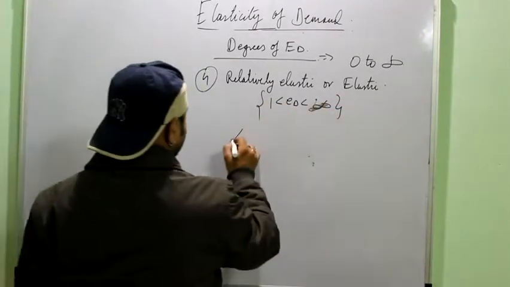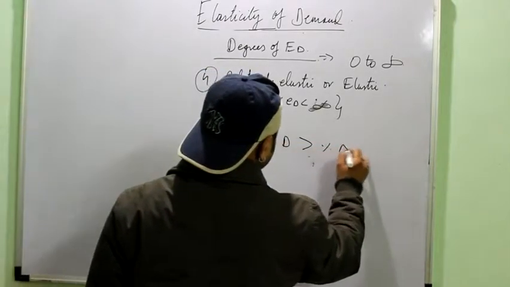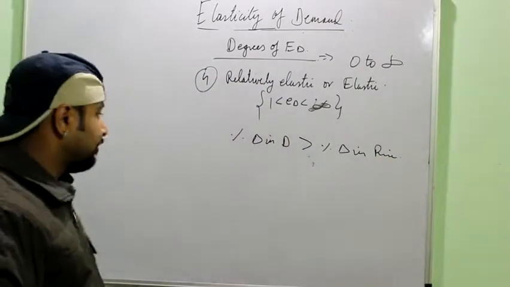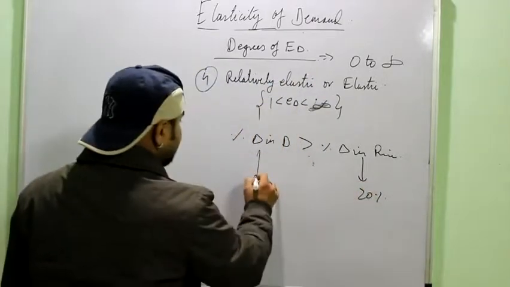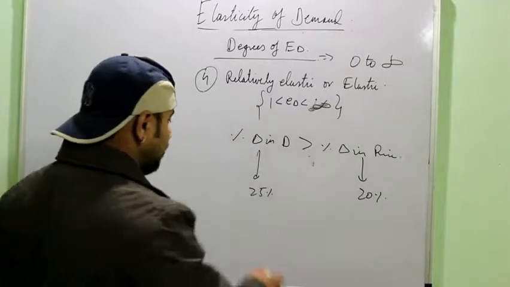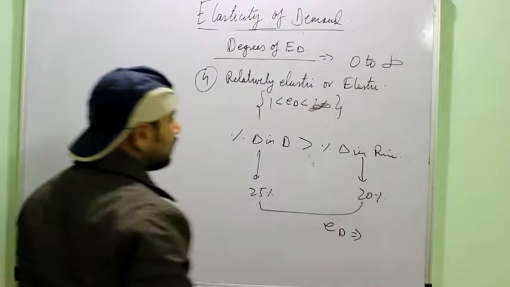Here we define it as when the percentage change in demand is more than the percentage change in price, meaning demand can respond more. Say if the price changes by 20%, demand changes by say 25%, or any number more than 20, 21, 22. Again, when you apply the formula of ED, you will see that ED will be more than 1.